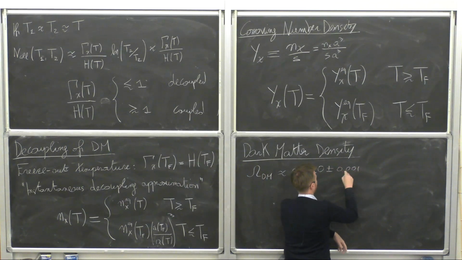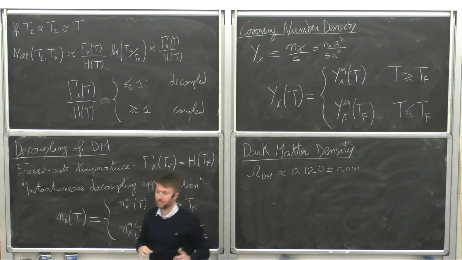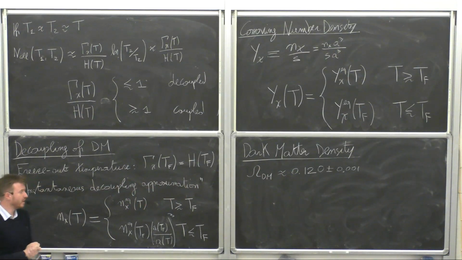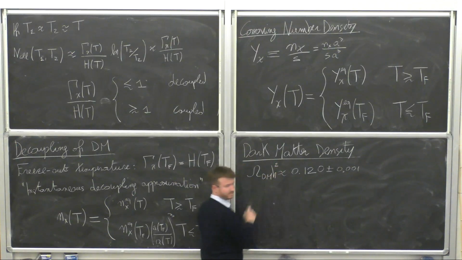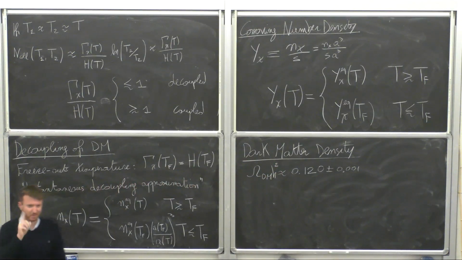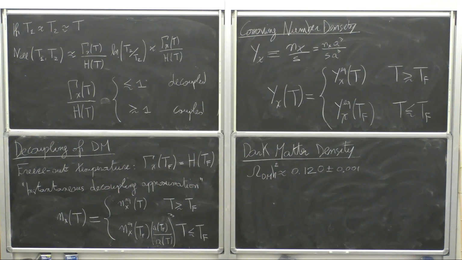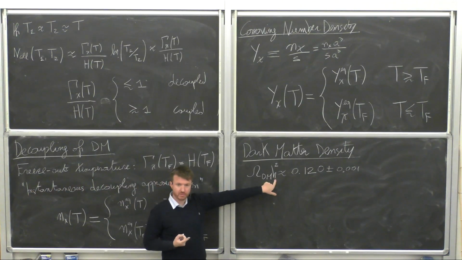It's measured with very high precision. Important h² factor. Okay, so how do I measure? So this is omega_DM h². This is an observational value.